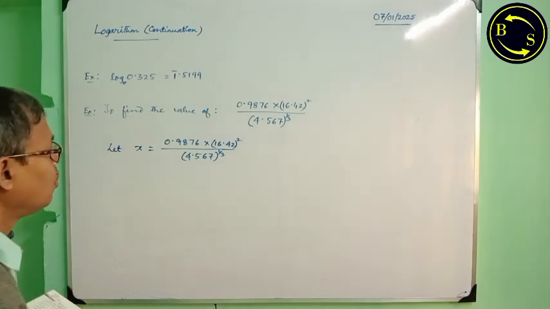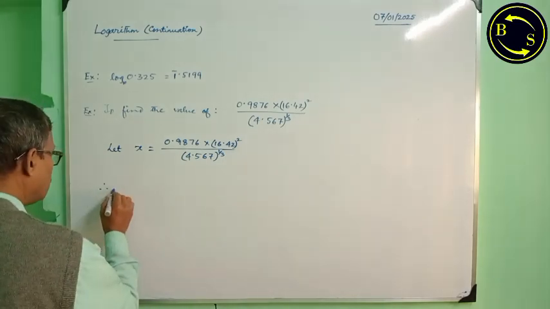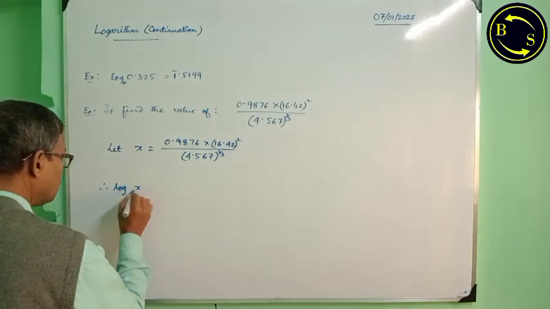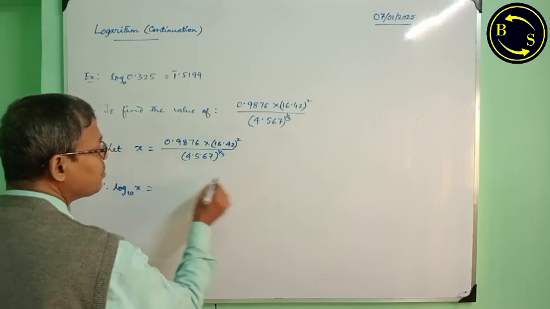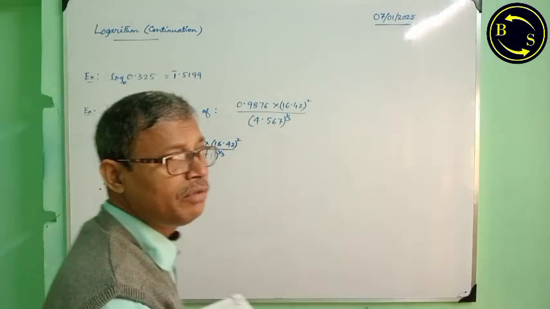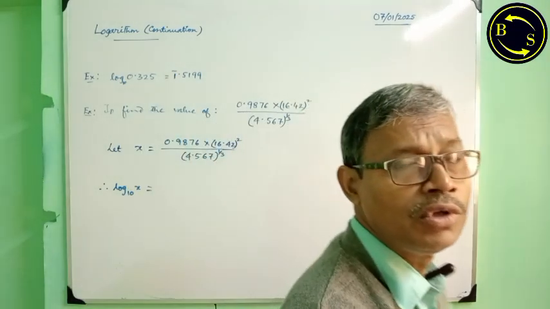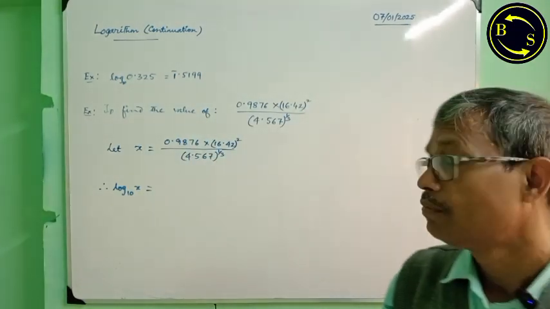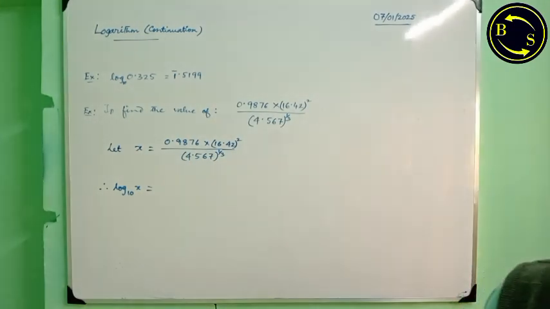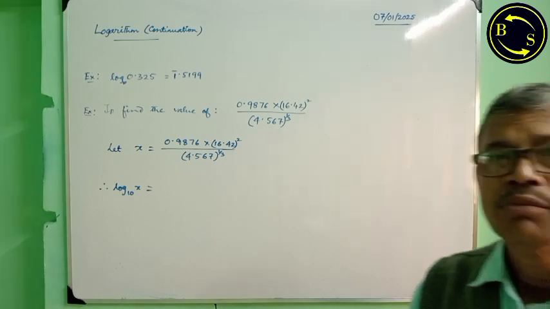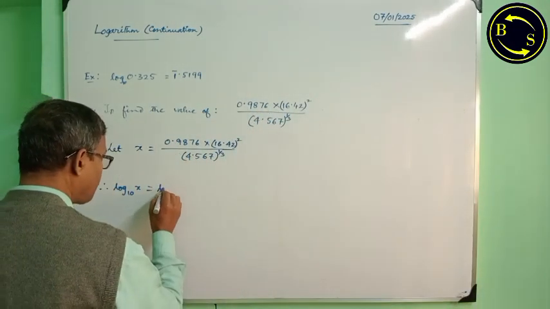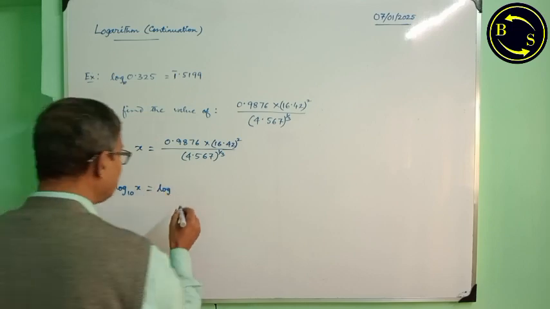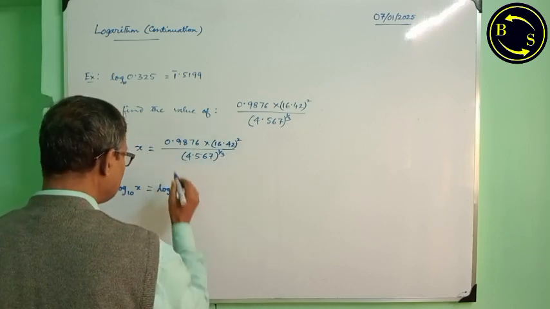Now I take log, therefore log of x to the base 10, of course, will be equal to log of this expression. Now I apply the formula of logarithm. Log of ab equal to log a plus log b, log of a by b equal to log a minus log b, and it will be then this whole expression.